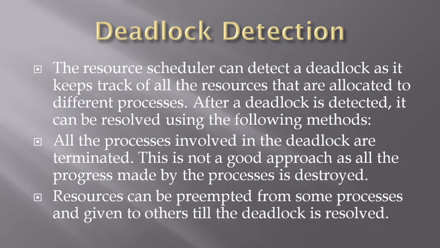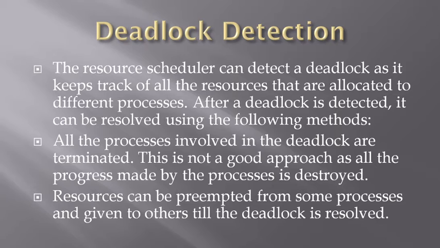Terminated means it restarts the process and again sends the request to access the resource. This is not a fair condition because of the waste of time, since it executes the same transaction again and the processes are destroyed. This is the first approach.